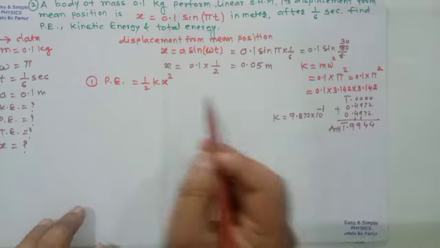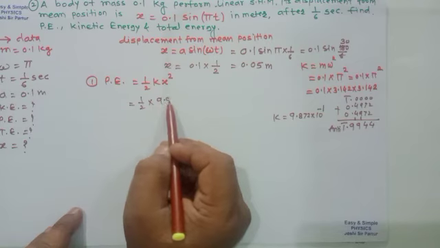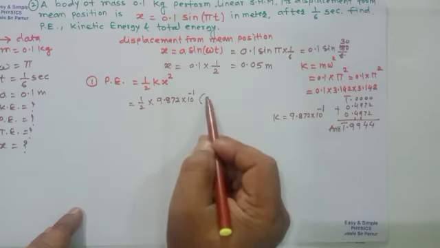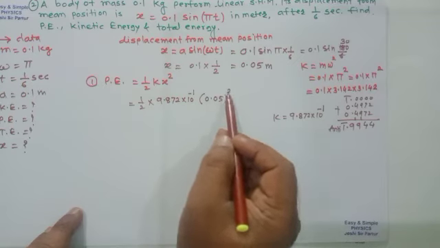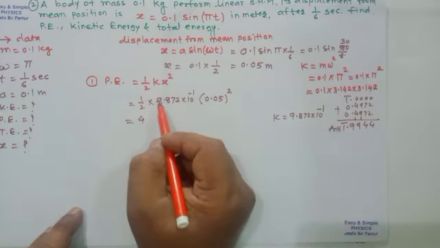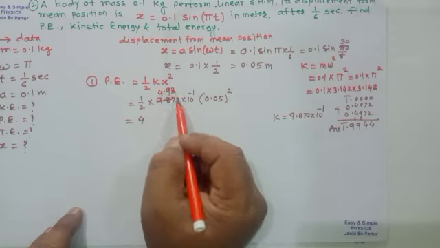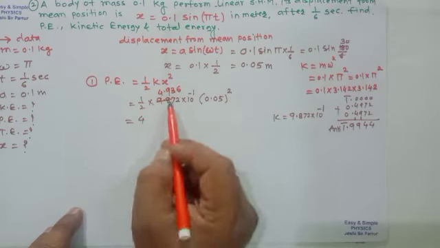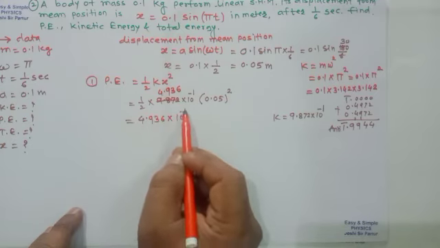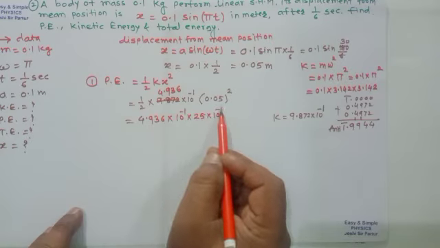Here if we substitute the values, half multiplied by 9.872 into 10 to the power minus 1 into (0.05) square. Half of 9.872 is 4.936, so it is 4.936 into 10 to the power minus 1 into 25 into 10 to the power minus 4.